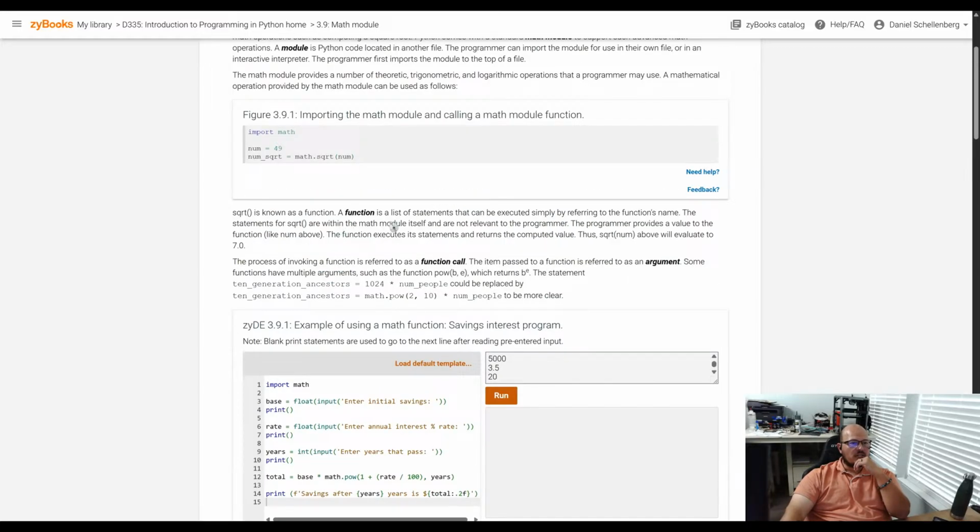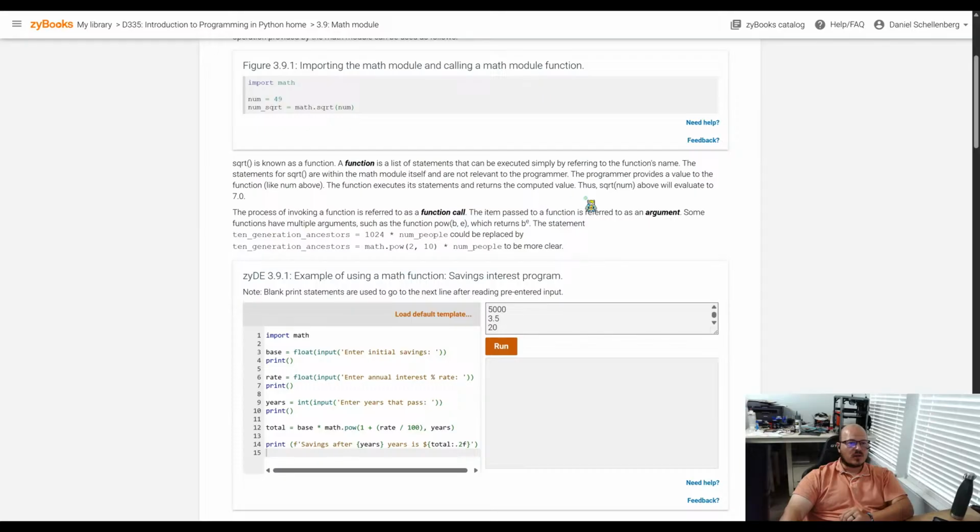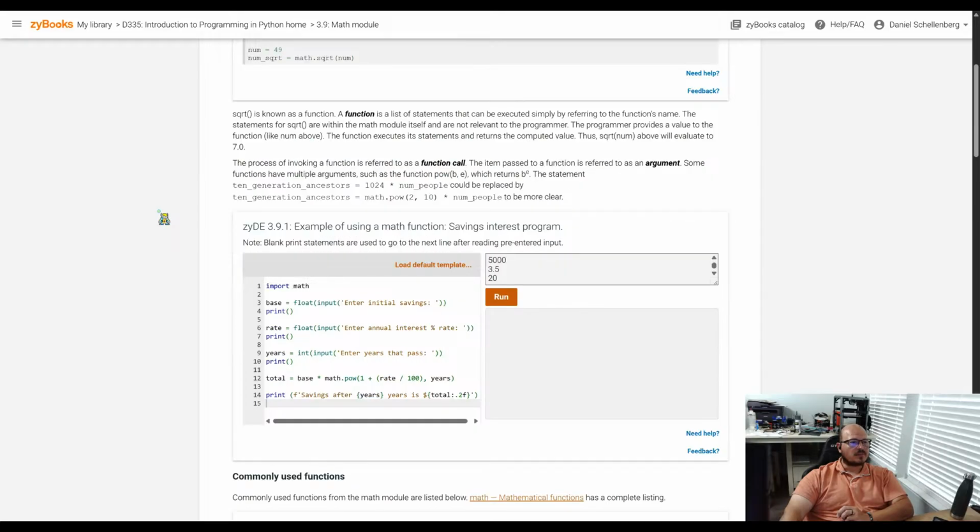A function is a list of statements that can be executed simply by referring to the function's name. The statements of square root are within the math module itself and are not relevant to the programmer. The programmer provides a value to the function like num above. The function executes its statements and returns the computed value. The math.sqrt(num) above will evaluate to 7.0.